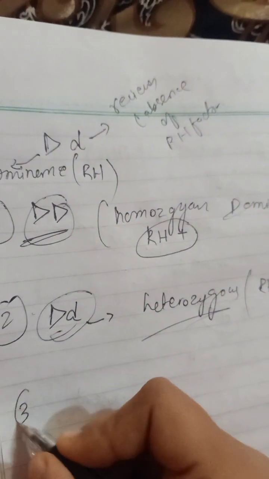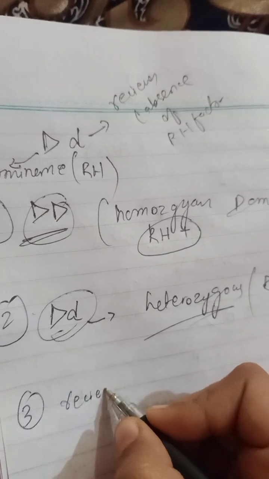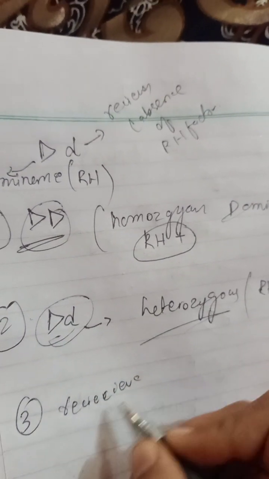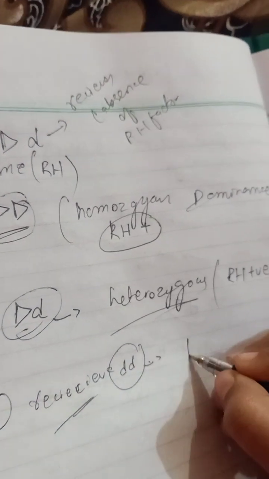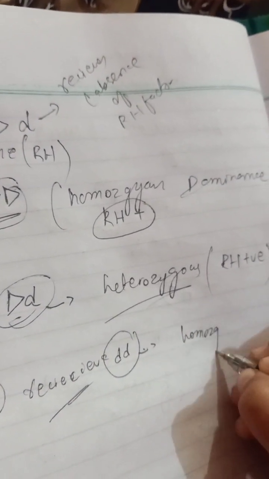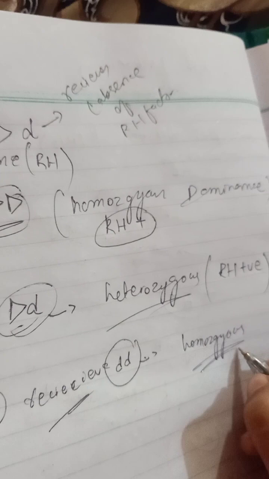If I take both recessive, which is d and d, they are homozygous, meaning similar, but they are recessive.